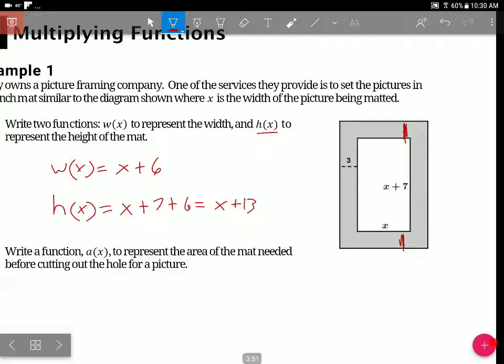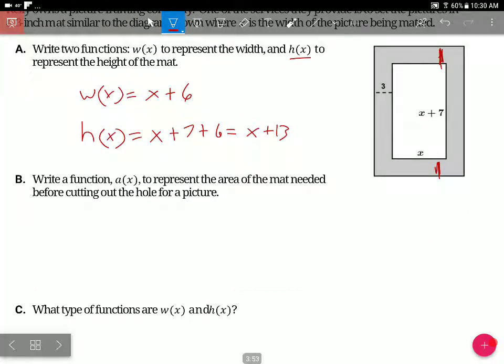All right, here we go. Write a function a of x to represent the area of the mat needed before cutting a hole. So we're not talking about just the area, we're talking about the entire area of that outside. How do you find the area of a rectangle? Length times width. It is one side times the other side. So the area, that's a of x, equals w of x times h of x.